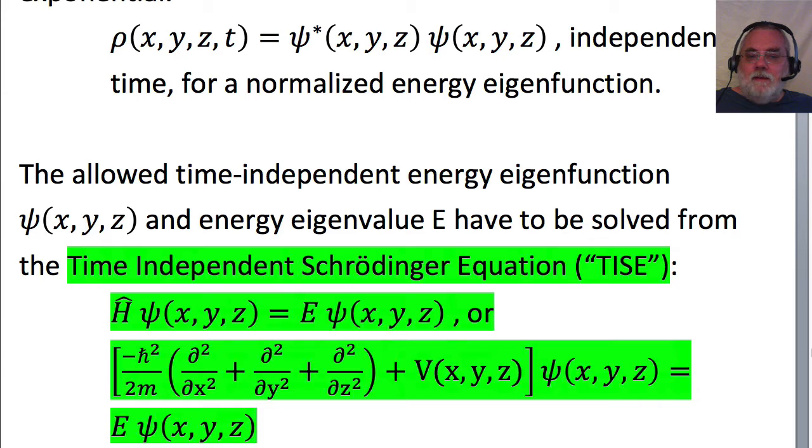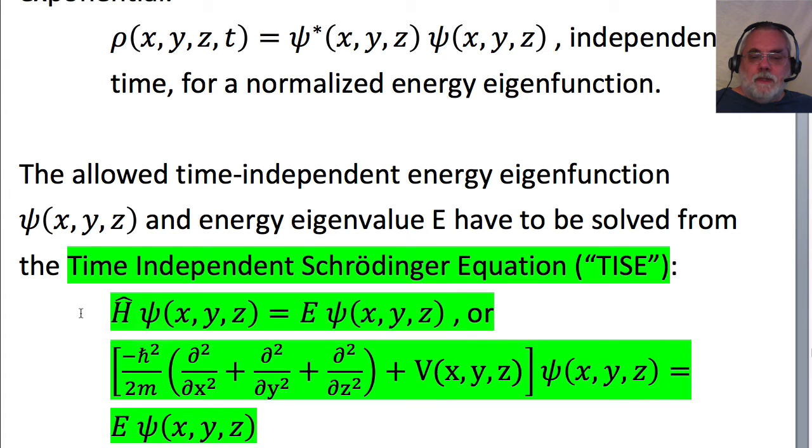The allowed time-independent energy eigenfunction lowercase psi and energy eigenvalue E have to be solved from what's called the time-independent Schrödinger equation, or TISE. And that equation is H psi equals E psi, where H is the Hamiltonian operator, lowercase psi is the spatial wave function, and E will be solved by some energy eigenvalue.